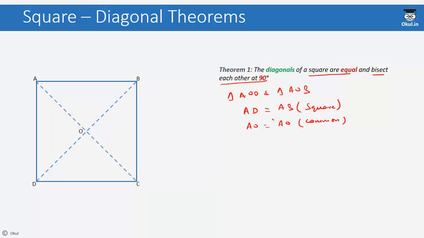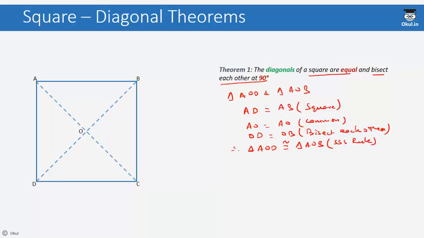So we can say that OD is equal to OB because the diagonals bisect each other. Therefore, by SSS rule, I can say that triangle AOD is congruent to triangle AOB.